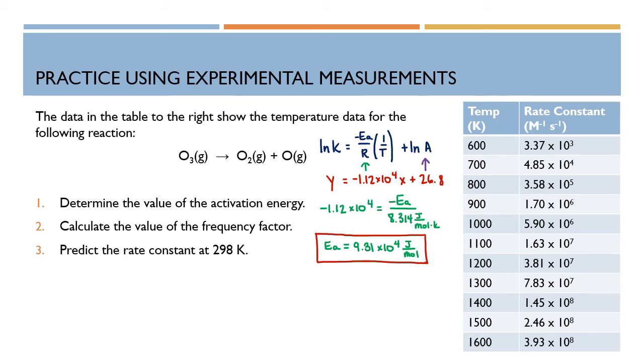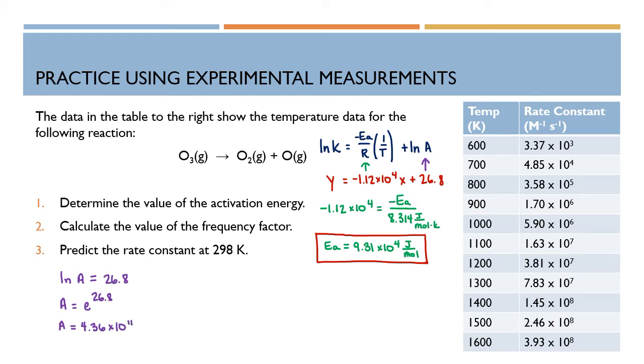The next thing I want to do is calculate the value of the frequency factor. So number 2, the frequency factor is A. I don't know A, but I do know that ln A, the natural log of A, is equal to 26.8. So A must equal e to the power of 26.8. So e to the power of 26.8 is 4.36 times 10 to the 11th.